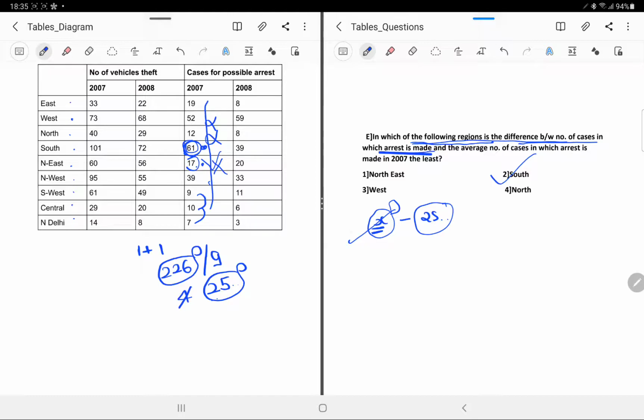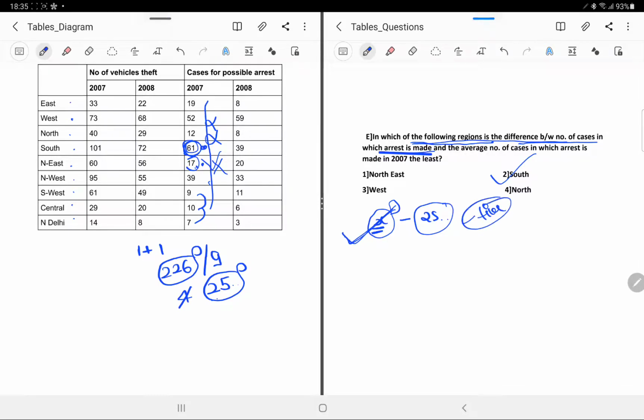So you just needed to see which would be the larger value. But the question asks which of the following regions has the difference between the number of cases in which arrest is made and the average the least. They are talking about the least number. So for Northeast, that would be the answer. See, the difference is always negative there.